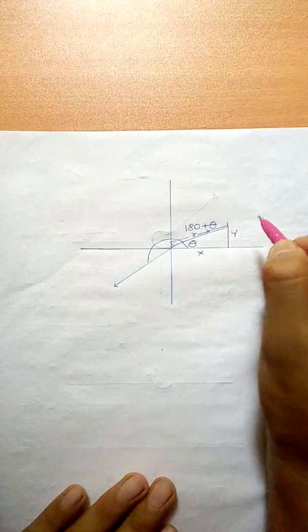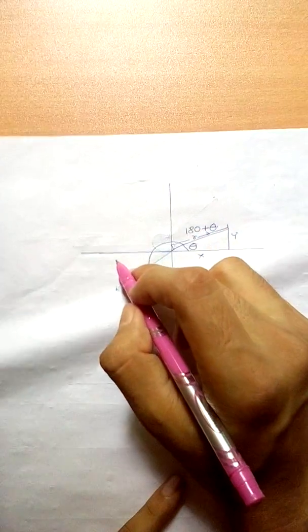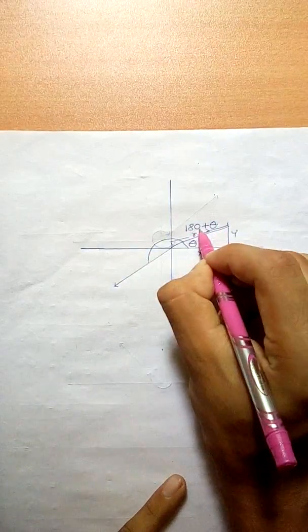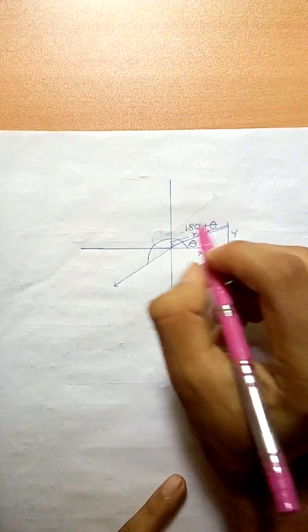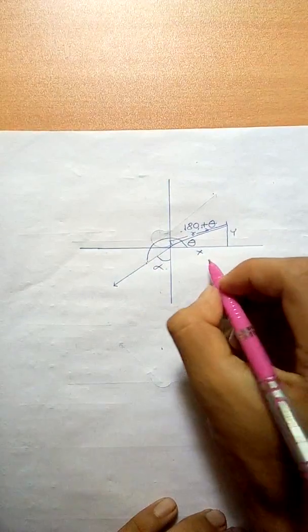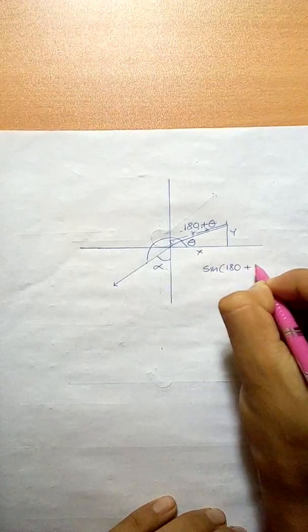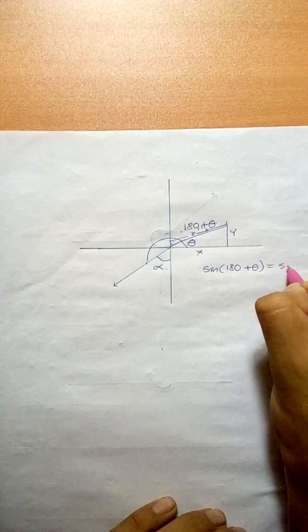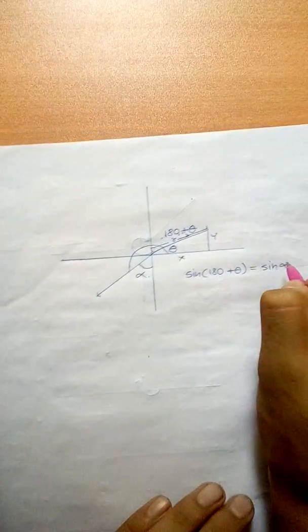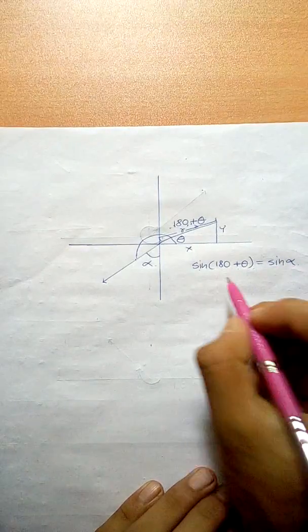We have rotated this vector by 180 degree, then it comes here. So here the reference angle is this alpha. Okay, and then sine 180 plus theta is equal to sine of alpha by reference angle theorem.